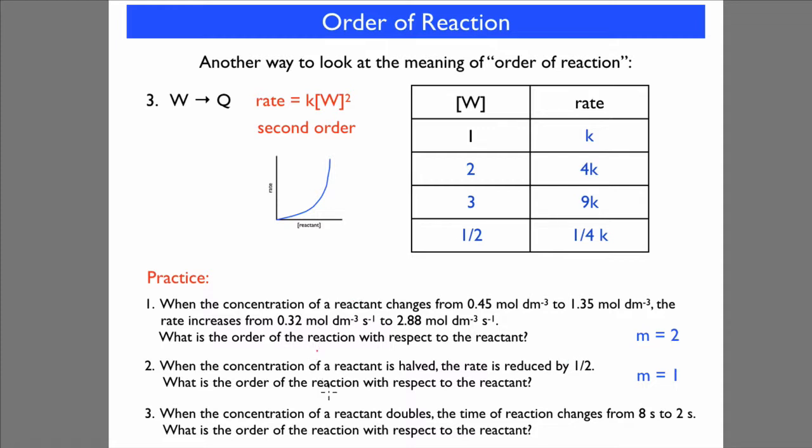This would be times 2, and we can just go back the other way, this is times 4. And so it must be second order, because the concentration would need to be squared to get the increase in rate. So M equals 2.